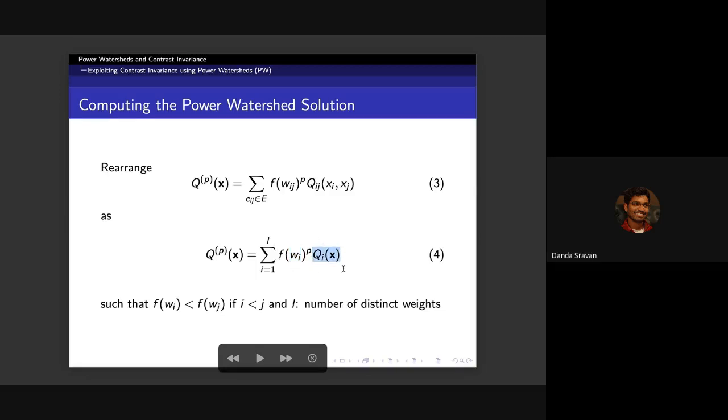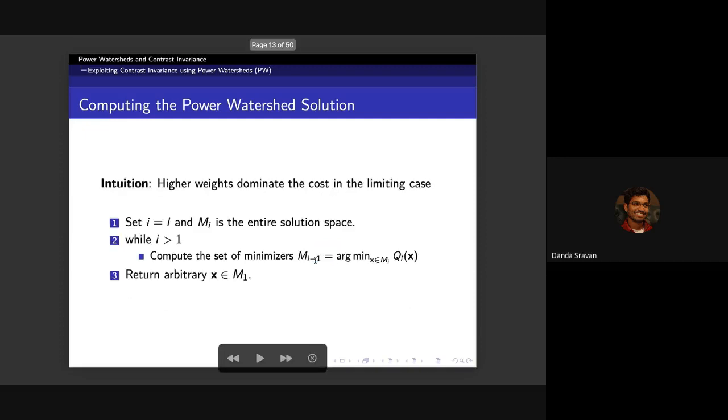I minimize that particular cost function, then look at the subspace of all the solutions I have there, and I restrict my solutions to that subspace, and then I go to the next level. I do it likewise in a nested way, and in the end I return solutions that correspond to the lowest level.